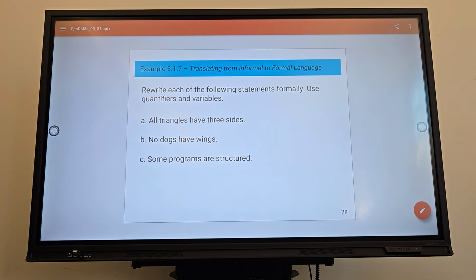And now rewrite these statements formally using quantifiers and variables. All triangles have three sides. Inverted A, small t an element of T, such that t has three sides, and big T is the set of all triangles.